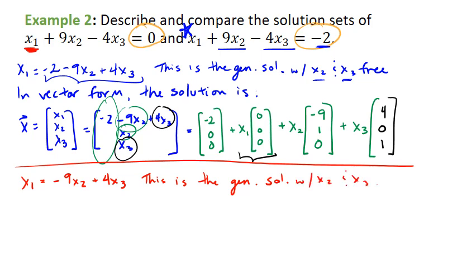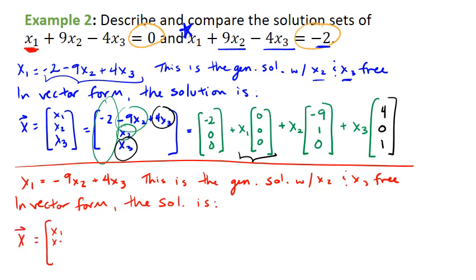And these are free because I'm going to get a different solution depending on what I choose for x2 and x3. So in vector form, the solution is the following: x1, x2, x3. Instead of x1, we are going to replace it with this. And then x2 and x3 are free, so I'm going to leave those as is.